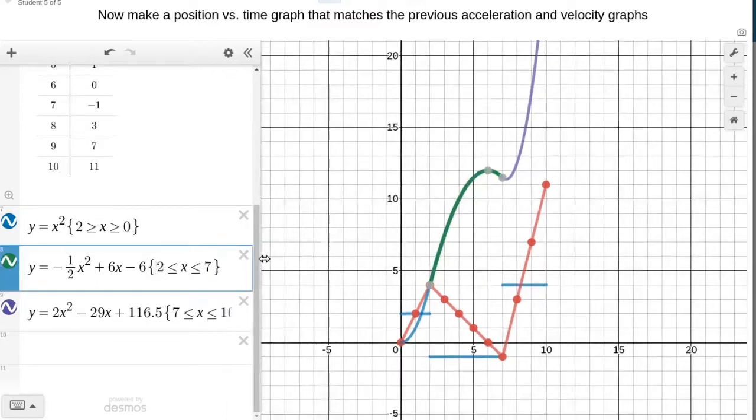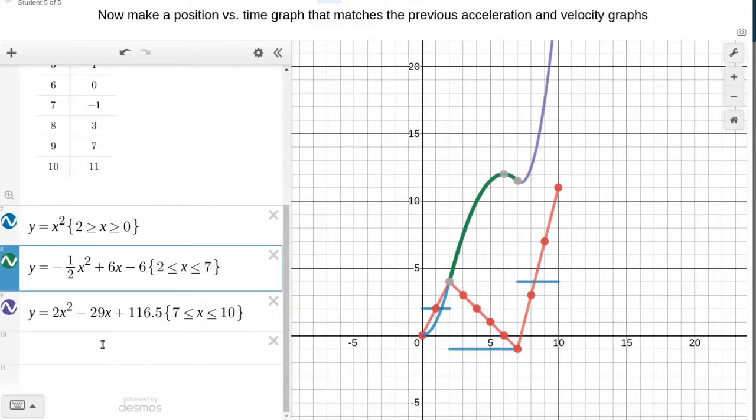This part is only showing it for the 5 seconds, and this part is only for those last 3 seconds. And you can see the parabolas. There's a parabola for this, there's a parabola for that one, and there's a parabola for that one with the right kind of quadratic term to get the right acceleration, and the right sign to have it pointing the right direction so that it's curved up, curved down, and so on.